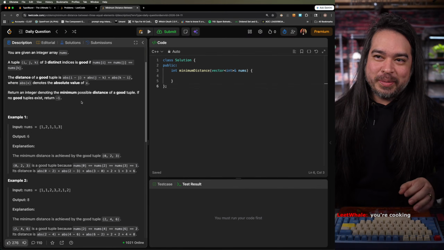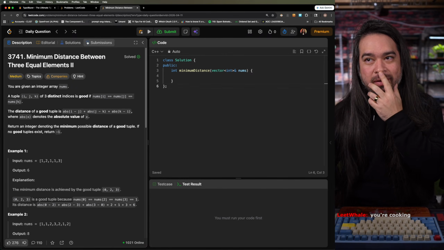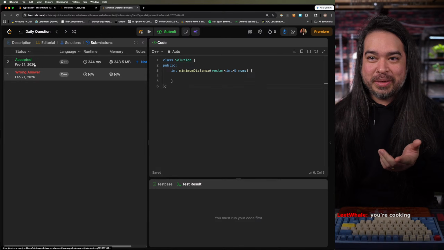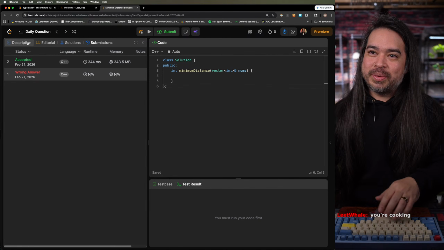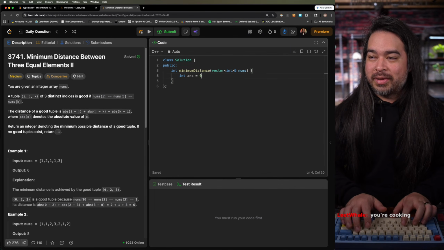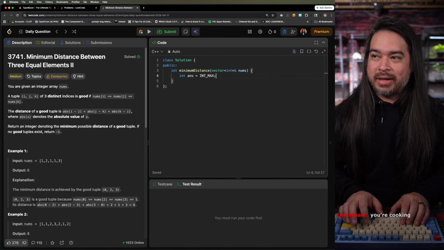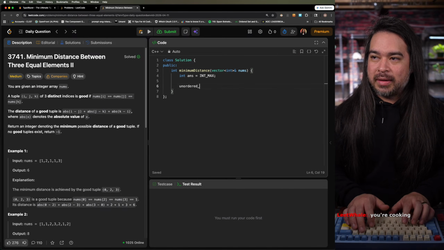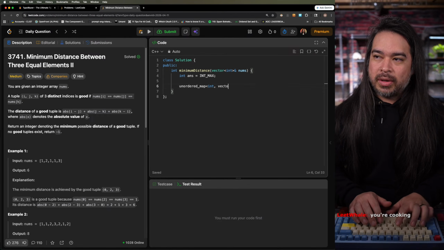That's what I would do, but I don't think I've ever done anything like that before. So I'm very curious what I did. I can't even remember what my solutions 6 weeks ago were. But I will try and implement that. So I'm saying I'm about to map every number to all of the indices that it appears at.